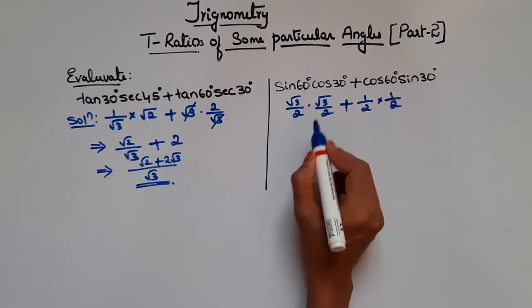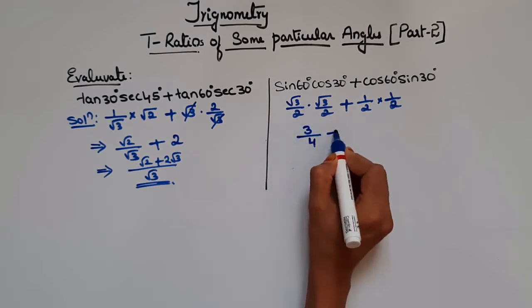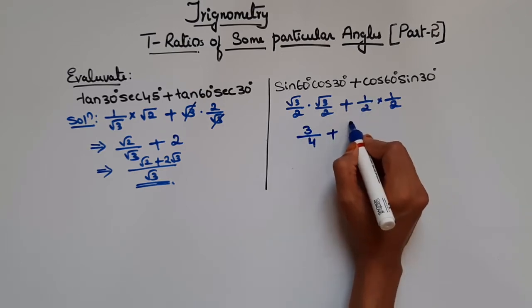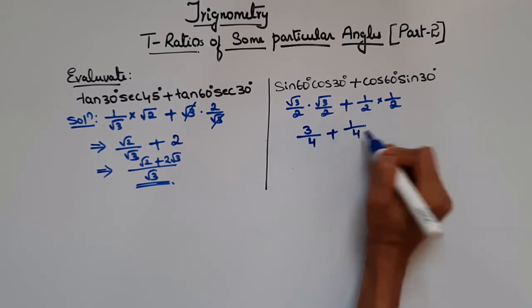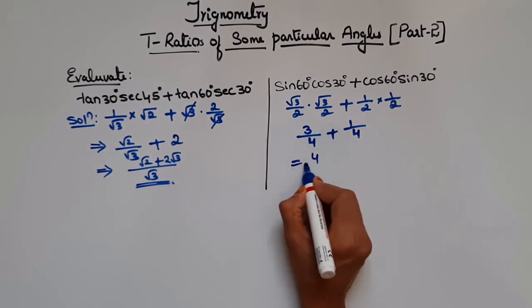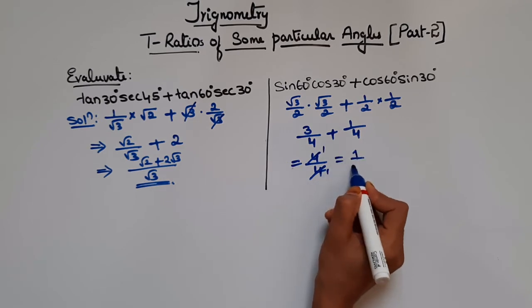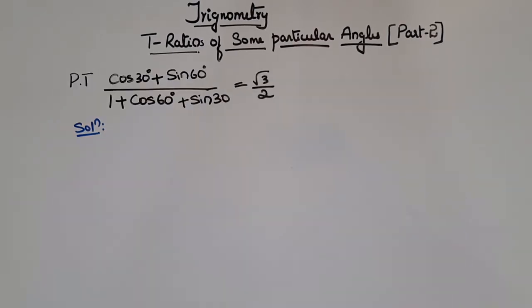So root 3 into root 3 is 3 by 2 2s are 4 plus 1 by 2 2s are 4, right? So which is nothing but 3 plus 1 is 4 by 4. So 4 1s are 4, 1s are, so 1.